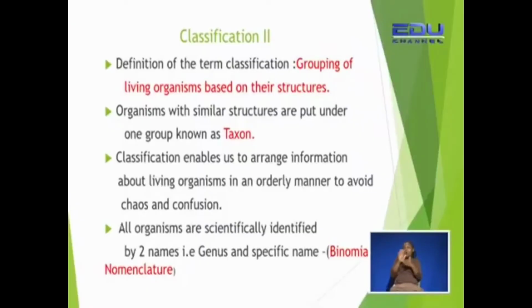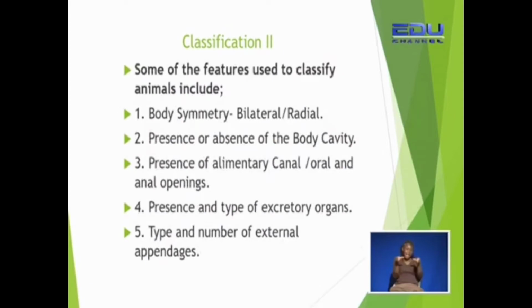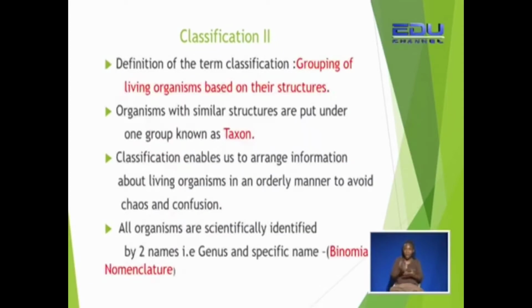All living organisms are scientifically identified by 2 names, that is the genus name and the specific name. So that classification is known as binomial nomenclature.